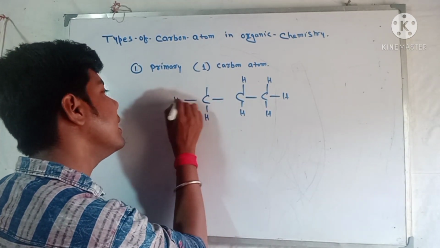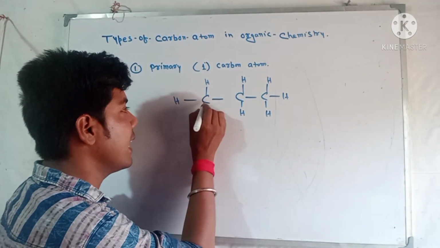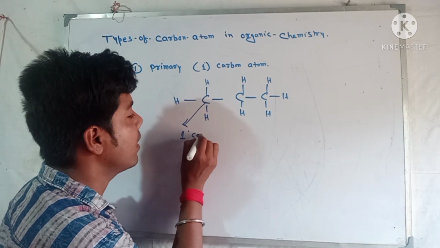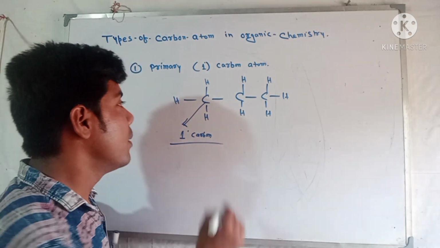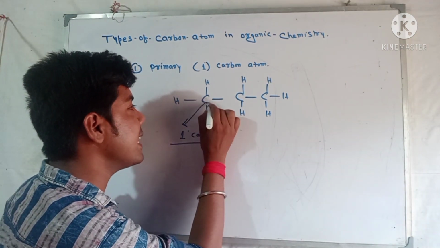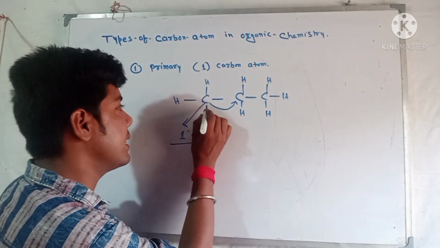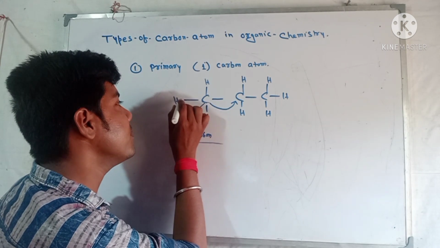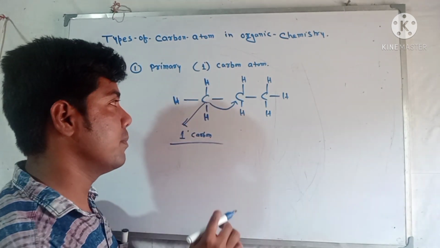This carbon is a 1 degree or primary carbon, because it is attached with one carbon, and its 3 valencies are complete with 3 hydrogen atoms.